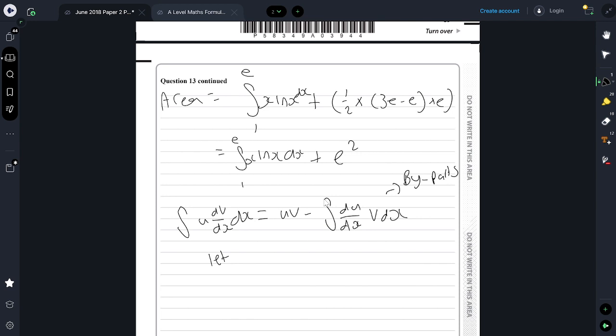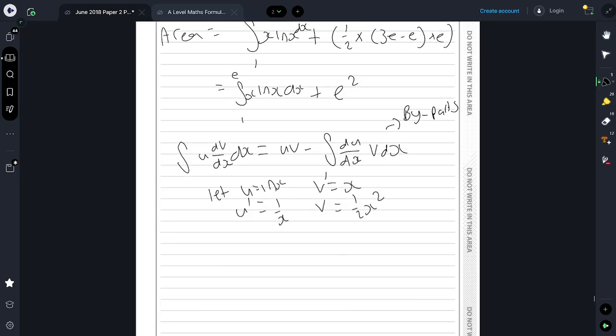So we're going to let u be ln x. That's what we're going to differentiate, and v is what we're going to integrate, so that's going to be x. So that means u dash is going to be 1 over x, and v dash, or dv by dx, is x, and v is going to be half x squared, right?